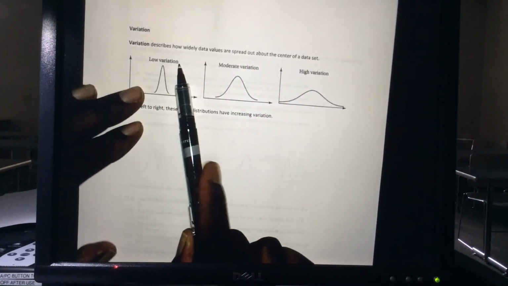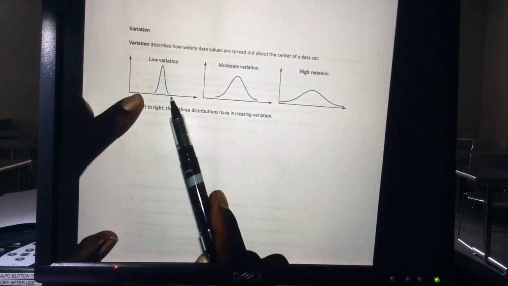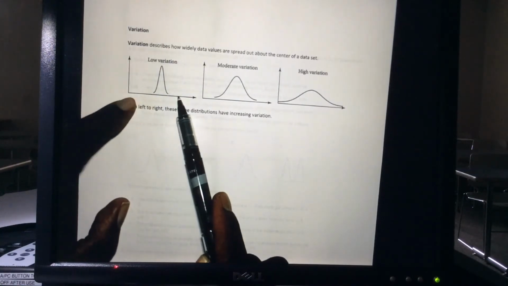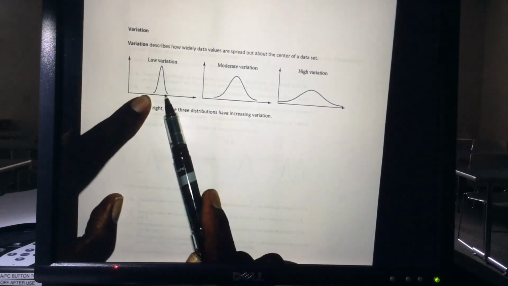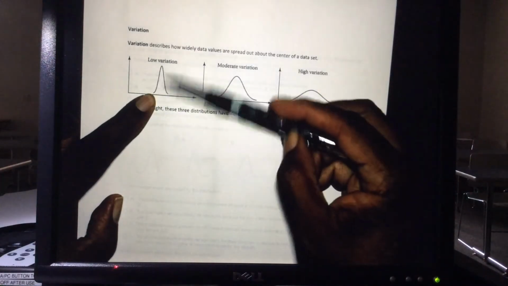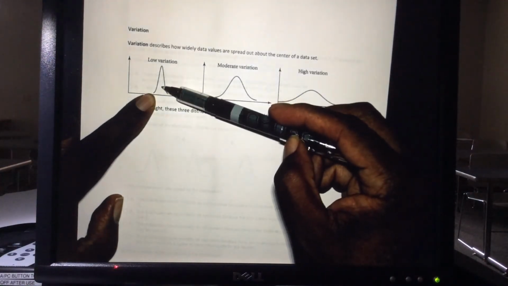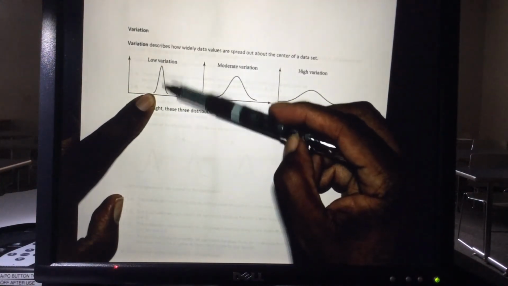Okay. And now we'll look at variation. Variation describes how widely data values are spread out about the center of a data set. Okay? For low variation, it will look like this. If your variation, how it's spread out, is low, that means that this hump is going to be tall and skinny, as you can see here.